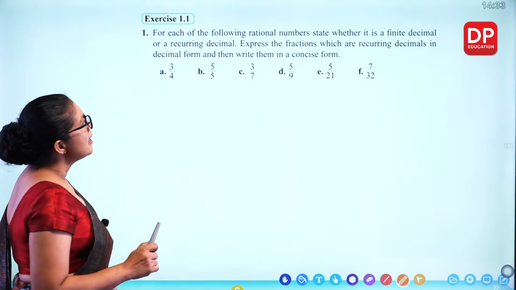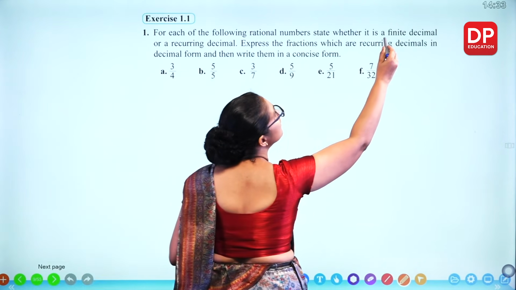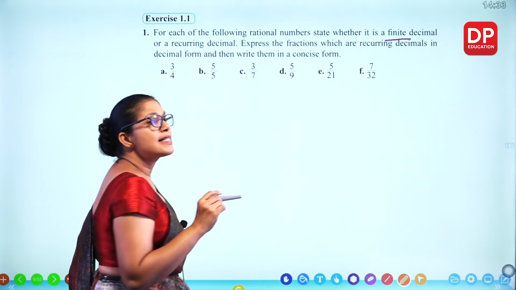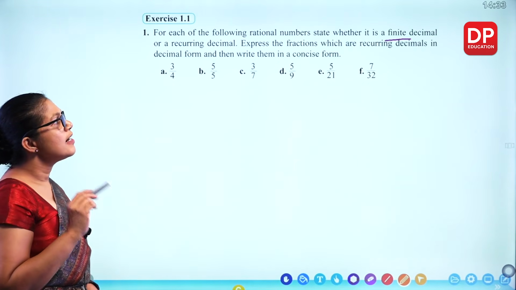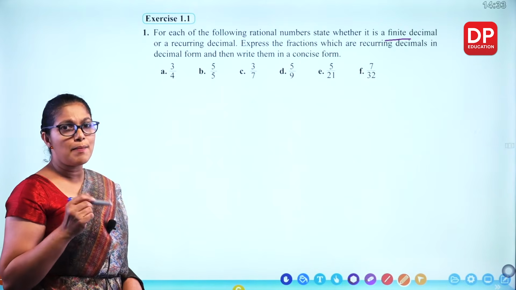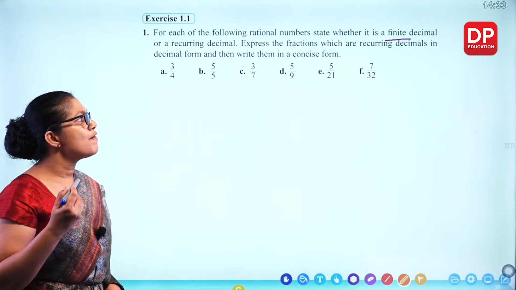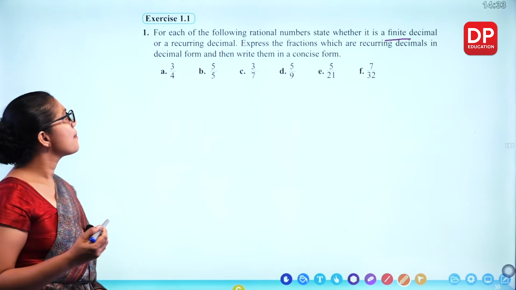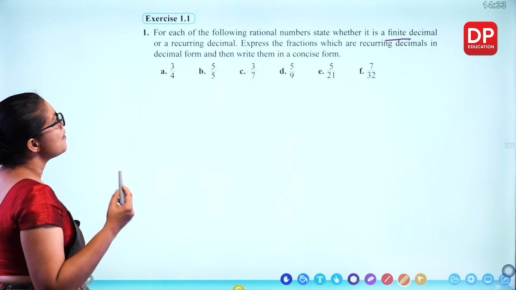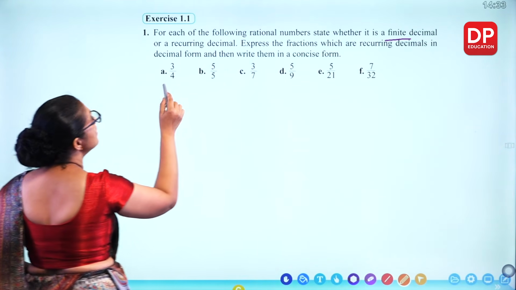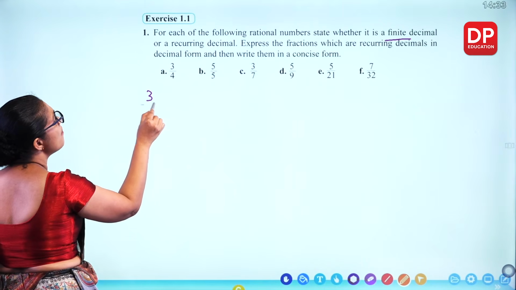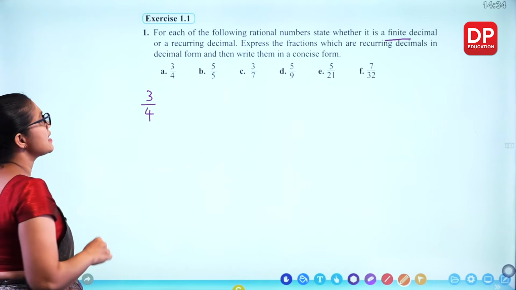So here it says finite decimal is the same as terminating decimals. So here another name for terminating decimals is finite decimals. Now we'll see whether we can write this number as a recurring form or terminating decimal form.